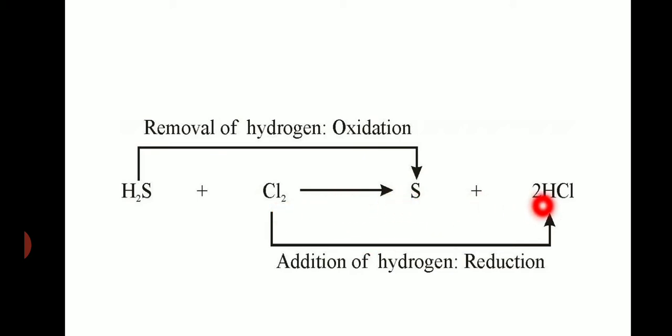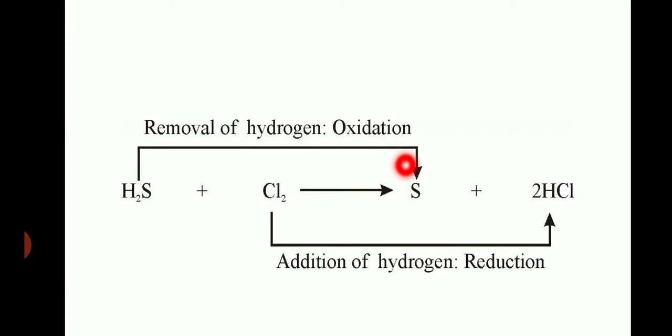Since this equation is in terms of hydrogen, we look at addition of hydrogen. So addition of hydrogen is reduction, removal of hydrogen is oxidation. So chlorine is added with the hydrogen forming hydrogen chloride. So reduction takes place here and oxidation takes place here.